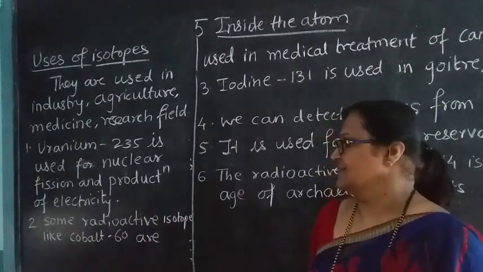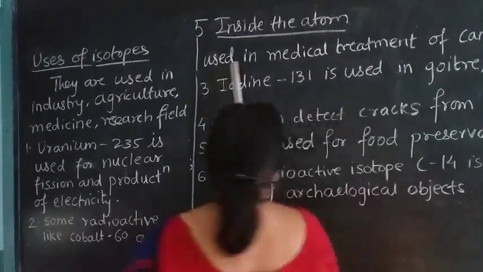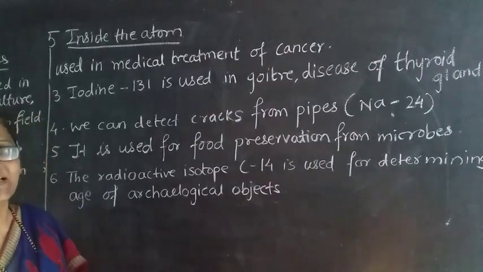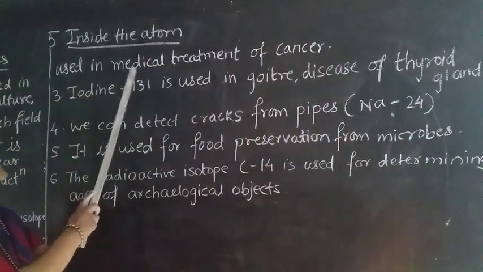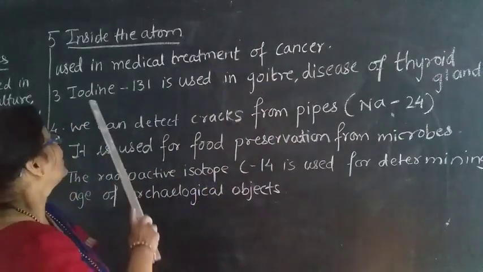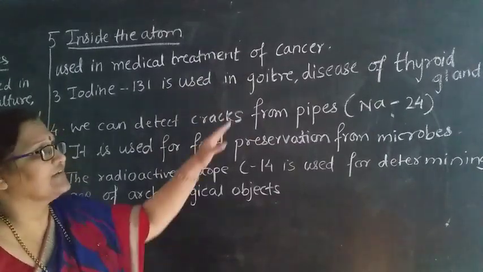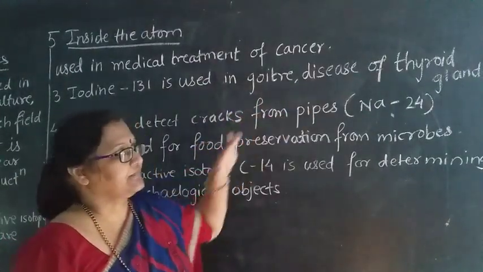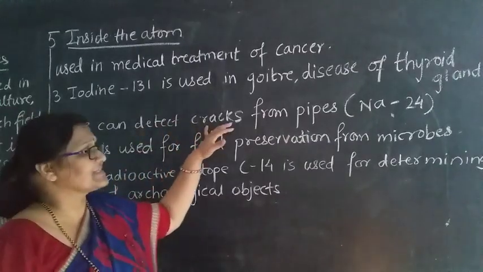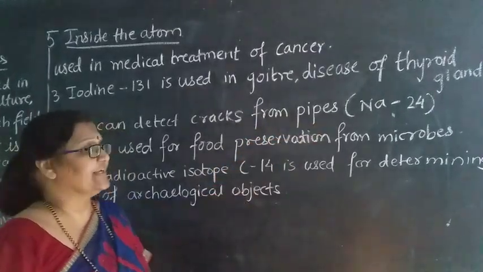Some radioisotopes like cobalt-60 are used in the medicinal treatment of cancer. Iodine-131 is used for goiter, which is a disease of the thyroid gland. We can detect the cracks in pipes by sodium-24.